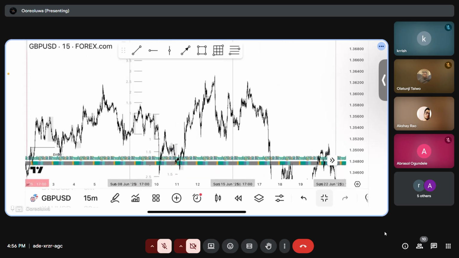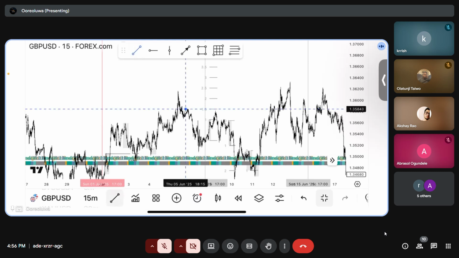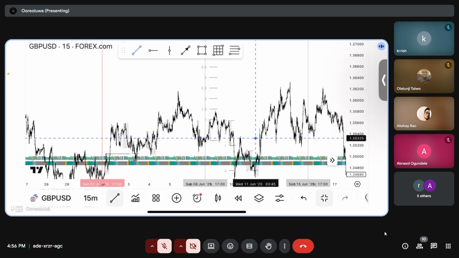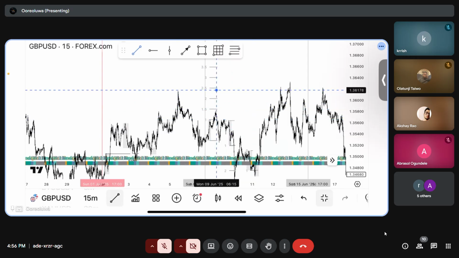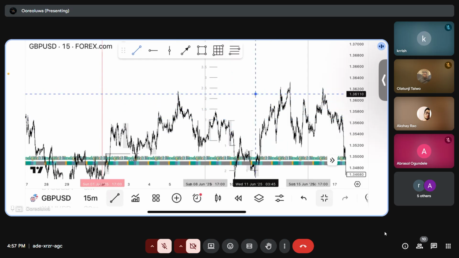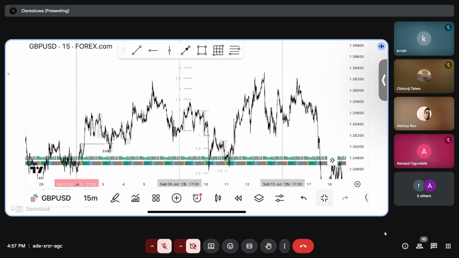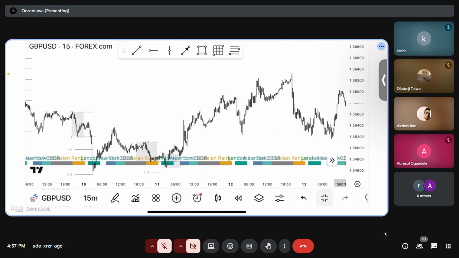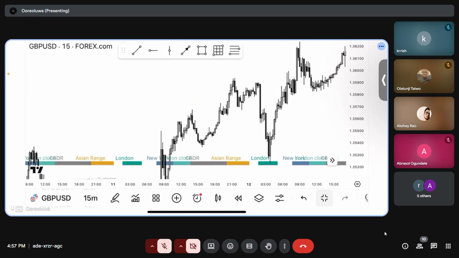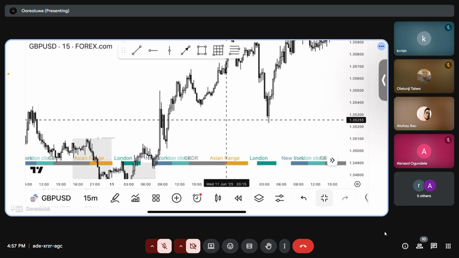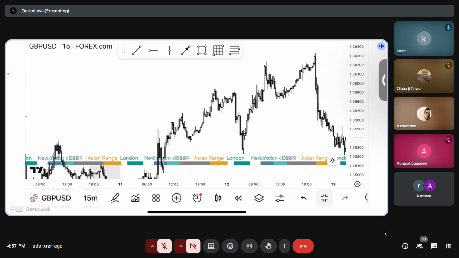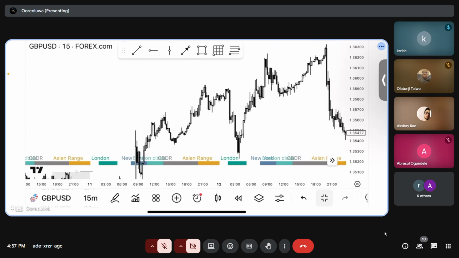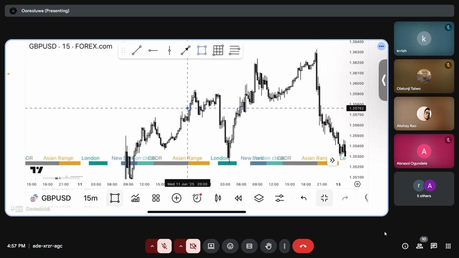So this high, now 1, 2, 3, 4, 5, will be your key level. So that's it. Take a buy. And also the first buy was on Thursday. This was Wednesday. And on Thursday, another clean trade also came up.